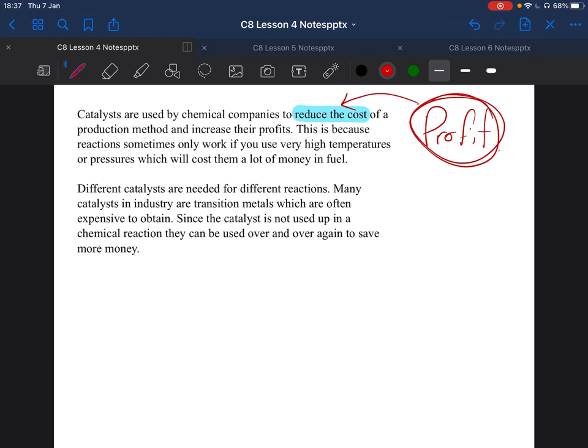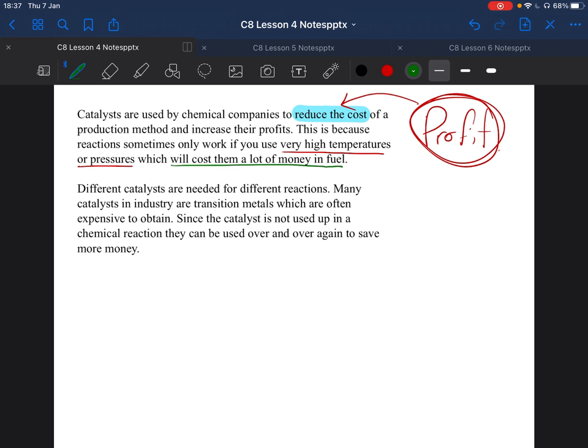So if you have a chemical reaction that you want to have happen faster so you can produce more product, you would normally have a very high temperature or a high pressure to force that reaction to happen. If you have a high temperature and a high pressure, you're going to have to pay for that. You're going to have to use fuel, burn it to heat the place up, or you're going to have to use some form of energy to create the pressure.